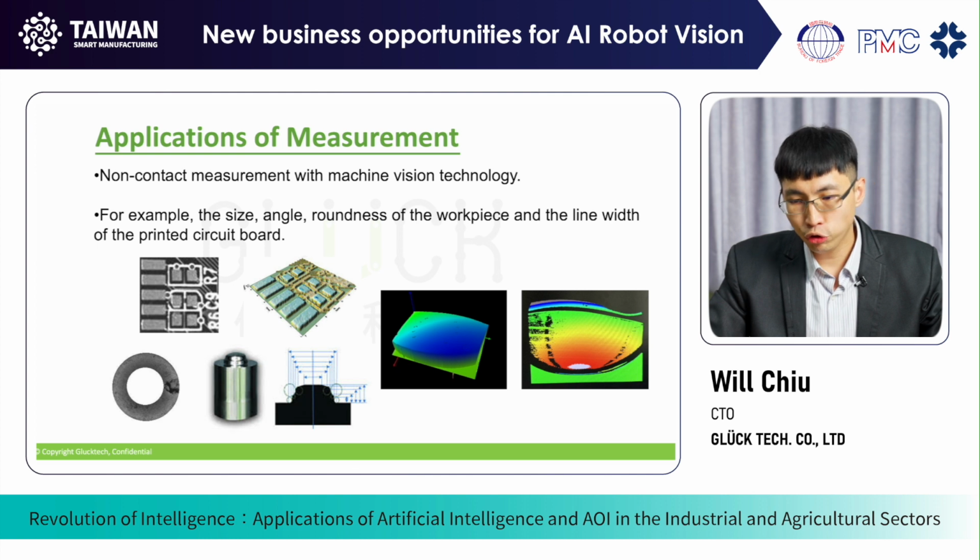The measuring function can measure various attributes of a product or component, including dimension, distance, angle, and more. This function is crucial in the manufacturing process as it ensures that the product size and position meet the specification requirement.